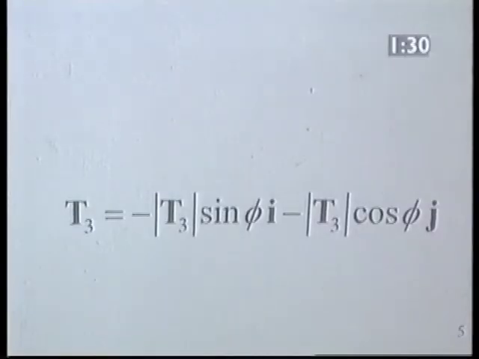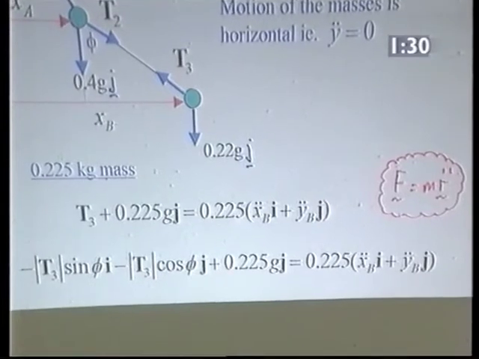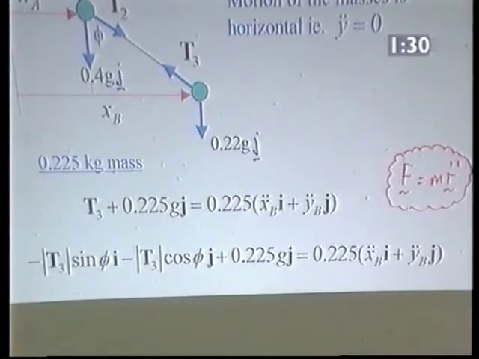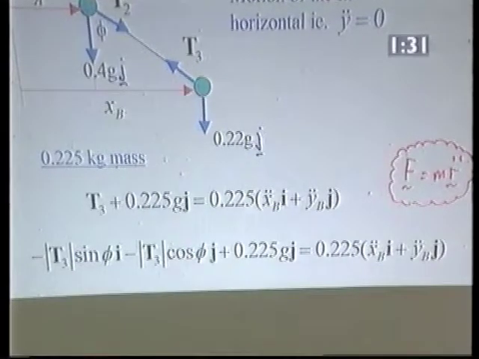That's essentially the acceleration in the x direction and the acceleration in the y direction. If we put in the expression for T3, this gives me minus T3 sine phi i and minus T3 cos phi j, plus 0.225 g j, and that gives me the right-hand side.